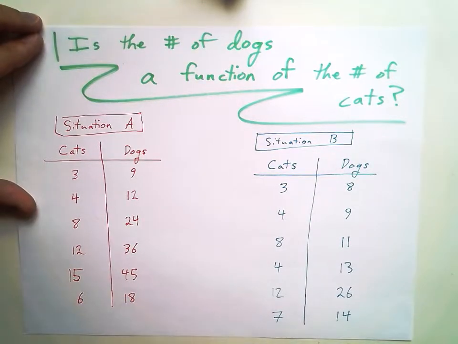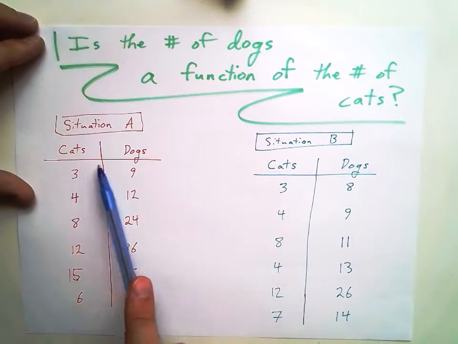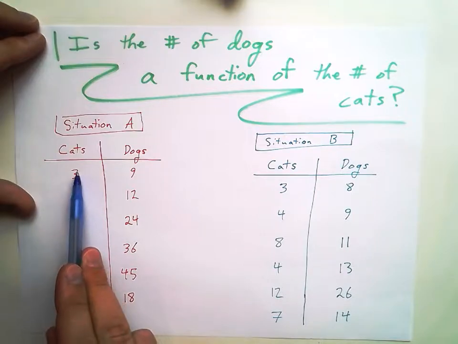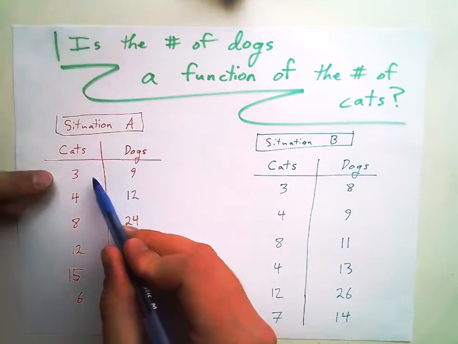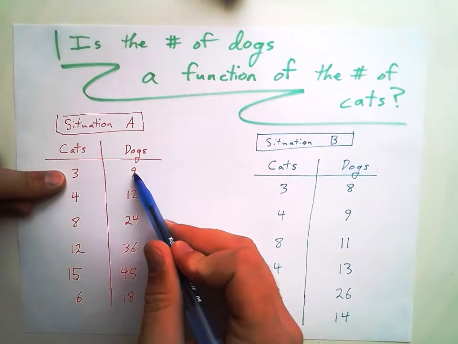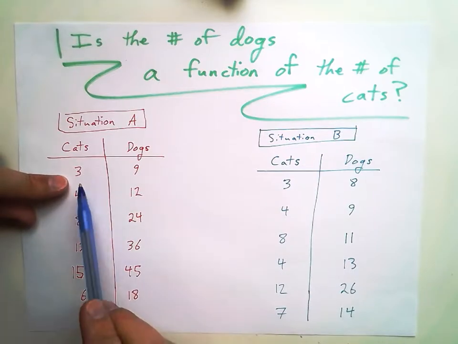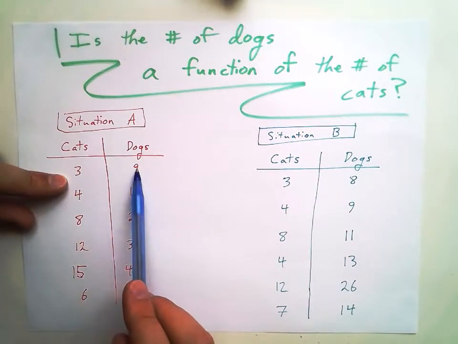6 cats, 18 dogs. As you can see here, you might have noticed that every time the number of dogs is 3 times the number of cats. So you could say the number of cats determines what the number of dogs is going to be.